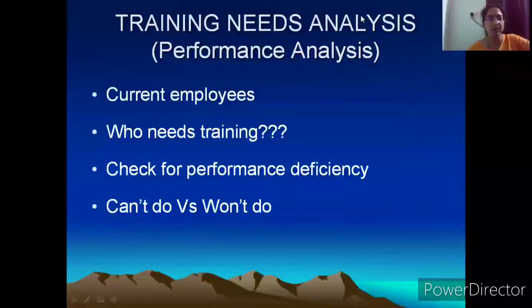So based on a certain standard expected for performance, you're trying to see how an employee has performed. Based on this comparison, we can understand in case there is any performance deficiency.